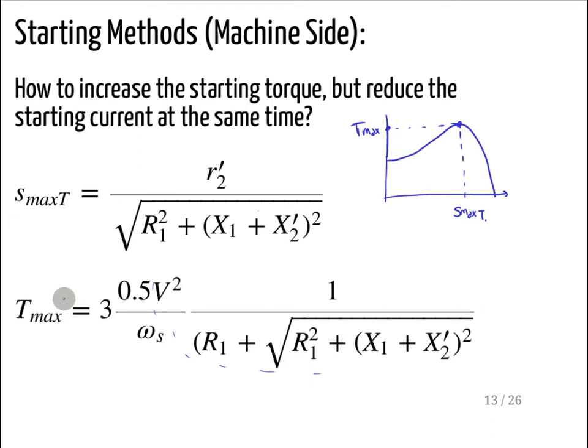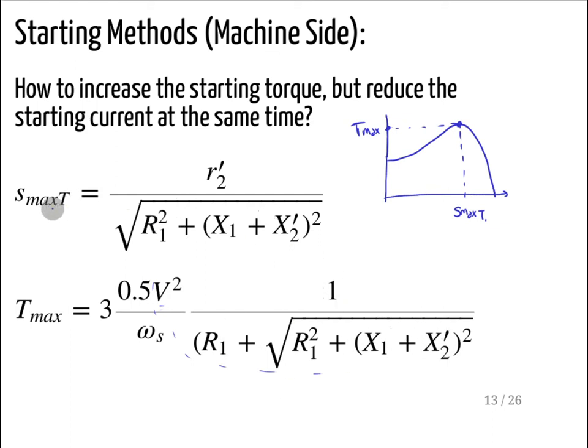So the interesting thing is, yes, maximum torque is proportional to applied voltage, and we have seen that, but that maximum torque actually has no component with R2 prime. R2 prime is not here.